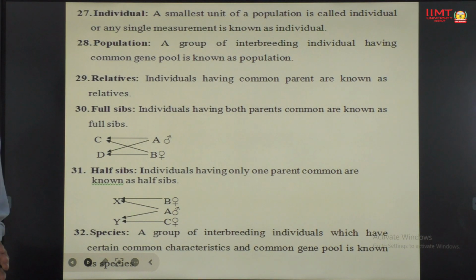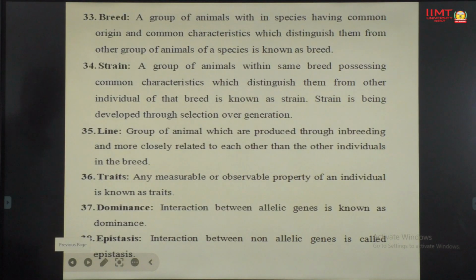For example, cattle, buffalo, sheep, goat, pig and camel are different species of animals. So what is species? Species is a group of interbreeding individuals having a common gene pool.